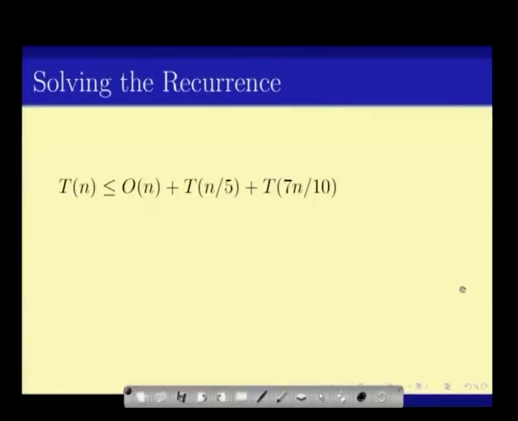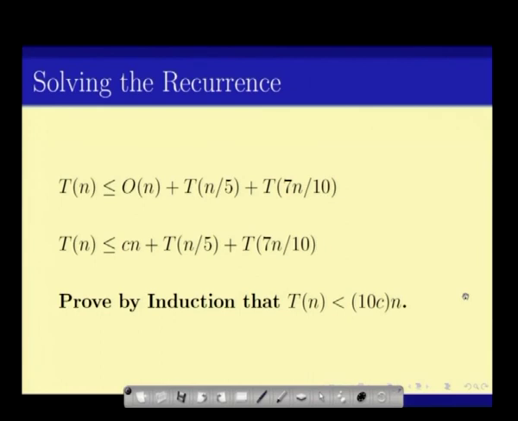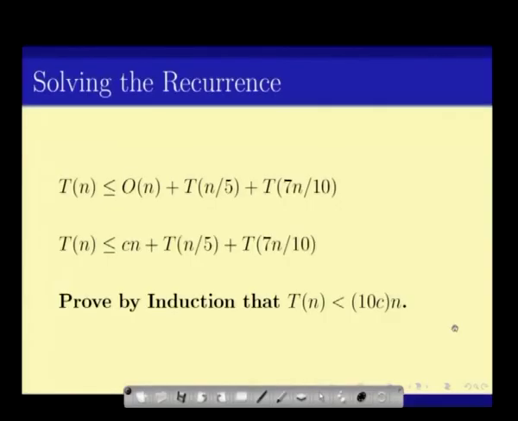So, we have T of n is less than some constant times n plus T of n over 5 plus T of 7n over 10, and this can be proved by induction that T of n is less than 10 times C, whatever that constant C was, times n. So, this would imply that T of n is order n.